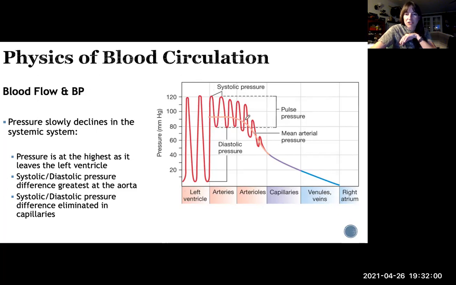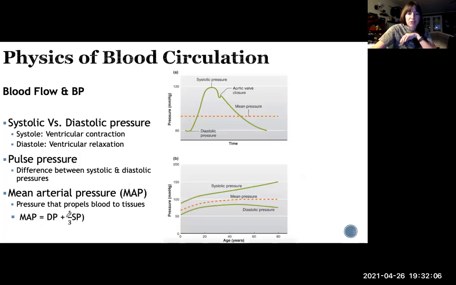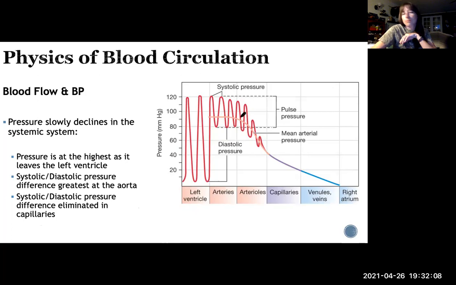Mean arterial pressure is not quite in the middle because it is diastolic pressure plus 1/3 of systolic pressure, technically. This region here in the arteries, the muscular arteries, namely, usually when we're taking blood pressure, we're taking it from the brachial artery, which is a muscular artery.